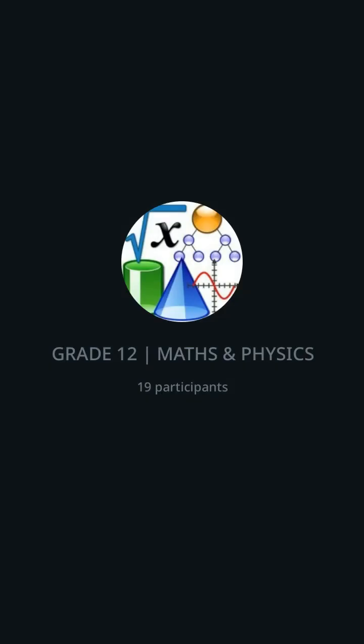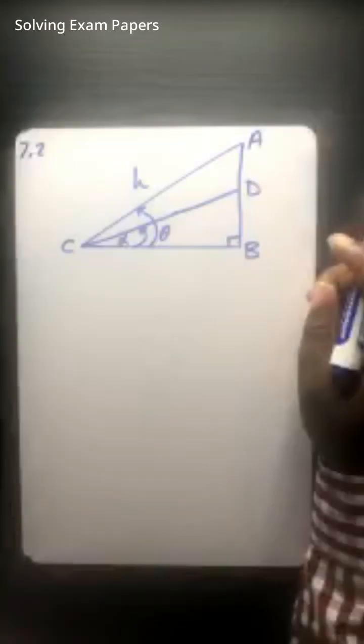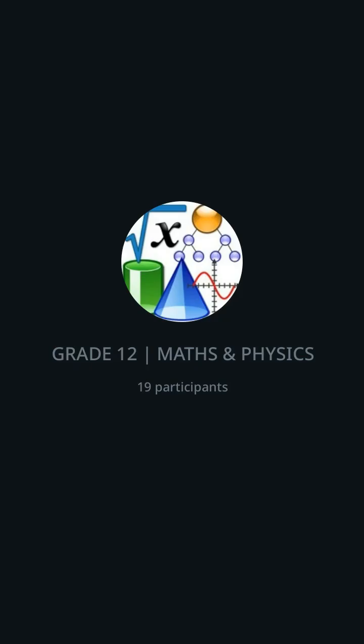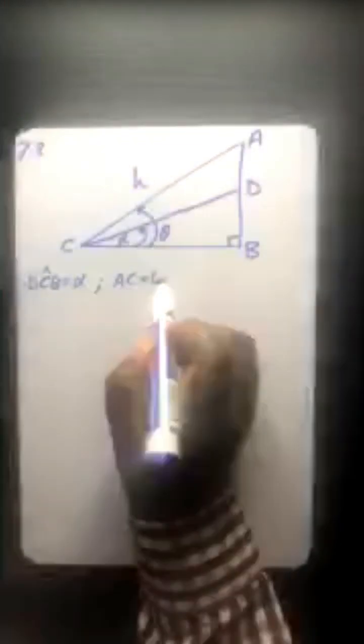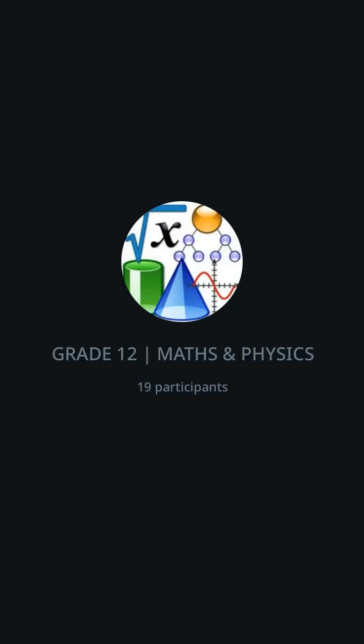They say in the diagram below, in triangle DCB, angle C is alpha, and AC being a length equals a units. And then in triangle ACB, angle C is alpha.